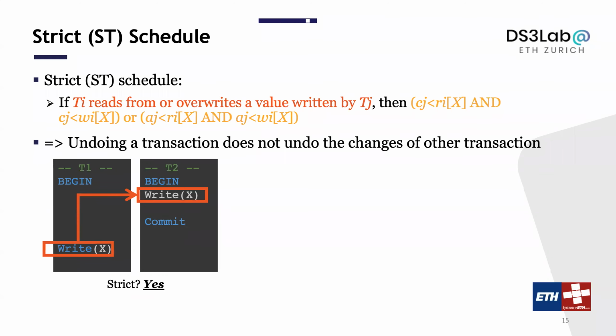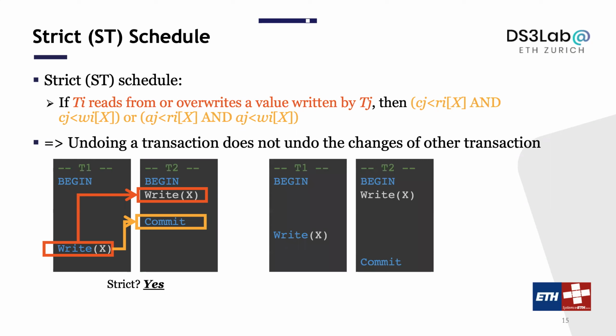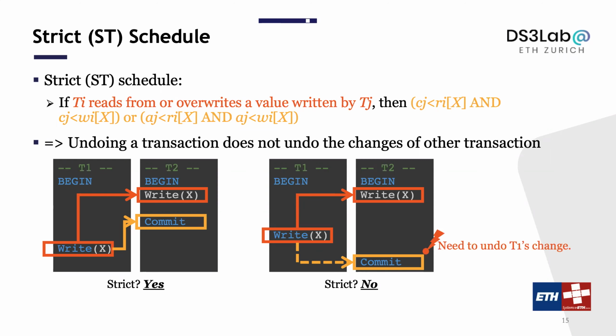Why? Because T1 overwrites T2, but T2 also commits before this write. What if you have the other way around, where T1 overwrites T2 and T2 commits after T1? We do the same kind of thought experiment: what if the system crashes, for whatever reason, and you want to abort T2 before the commit?